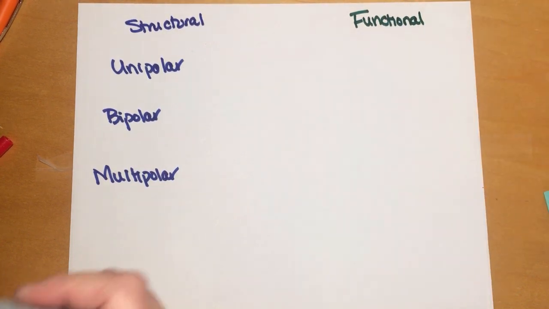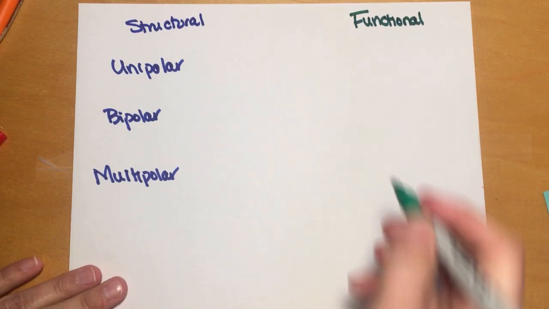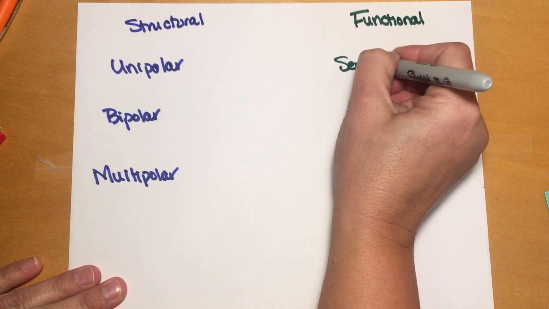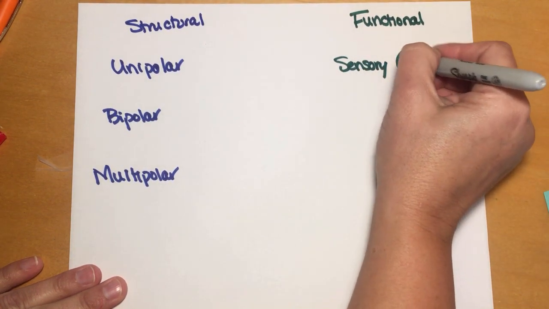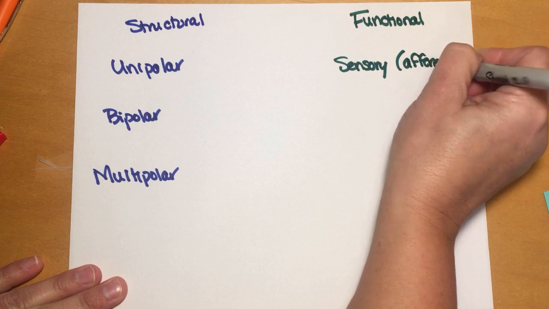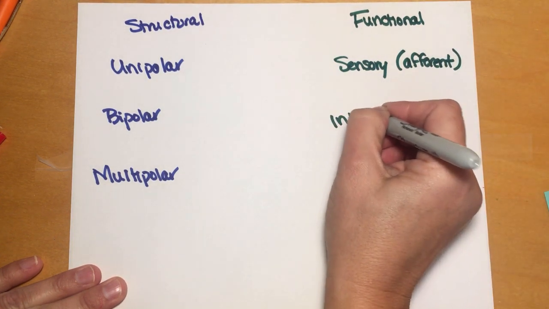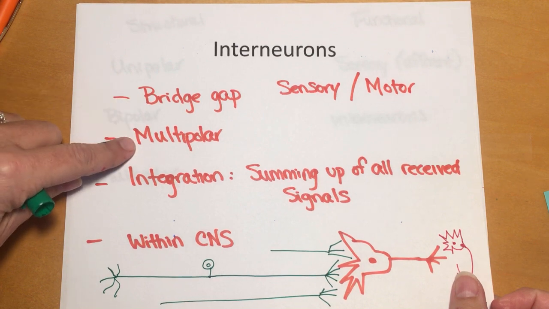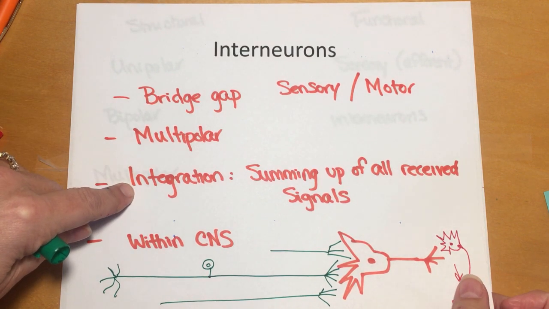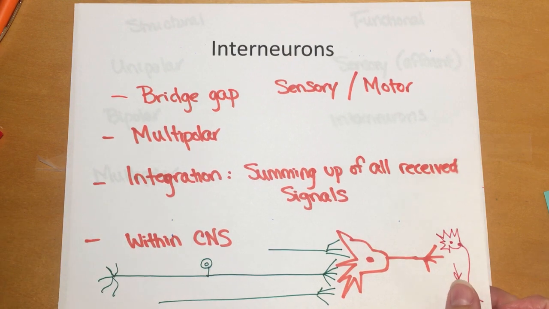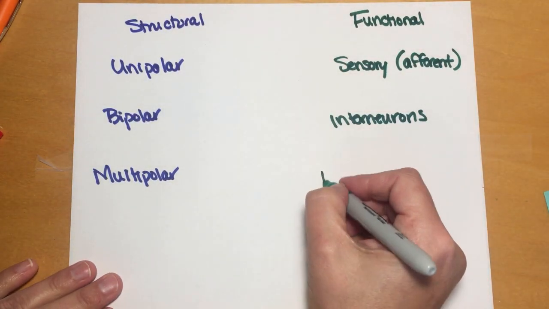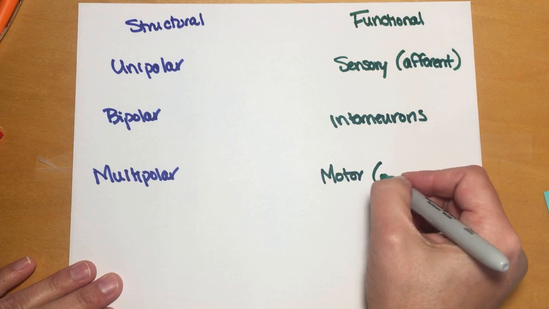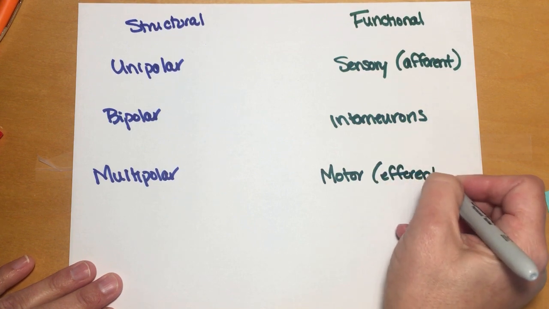And remember, functional categories are what kind of signals they're carrying. So we have sensory information, which are also often called afferent. We have interneurons, which we know are very special. We know a lot of stuff about them. They're going to bridge the gap. They're multipolar. Their job is to integrate or sum up all the signals received, and they're only inside the CNS. And we also have motor neurons, which are often called efferent neurons.